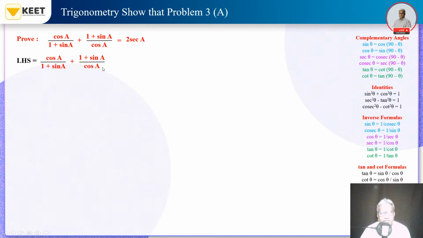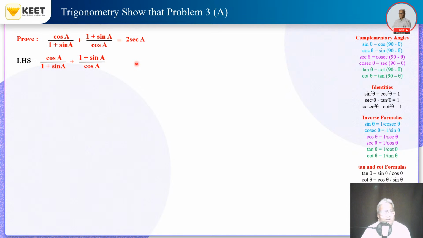Now when you observe this, you will find in the first fraction, the numerator is cos A, whereas in the second fraction or term, the denominator is cos A. Similarly, the denominator of the first term, that is 1 plus sine A, is the same as the numerator of the second term.